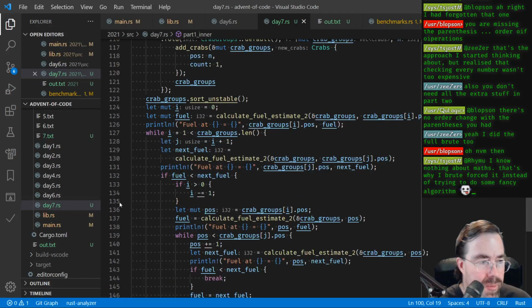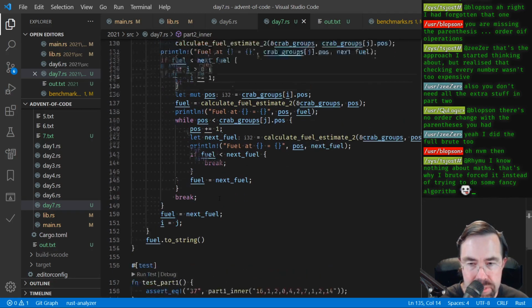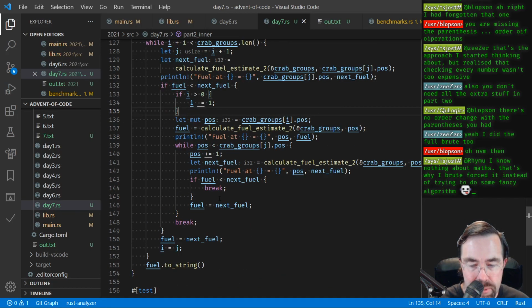Unless there's a better algorithm. You brute forced it too? Yeah, but you at least had some insight, TSJAS. I had trouble even figuring out the brute force solution. Or maybe it was that I tried to jump to what I thought was a better solution at first, and it was just my idea of keeping the fuel cost balanced was just completely off. And then it took me a while to realize that.